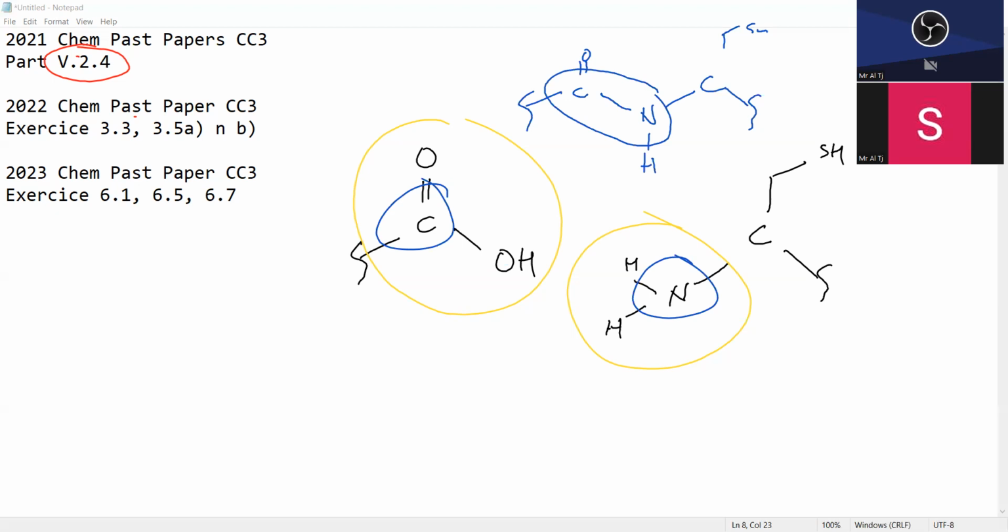Easy. A nucleophile, let's go into the semantics here. Nucleophile, phile means love, is nucleus loving. Nucleus is something that is having the positive charge because it contains the proton.